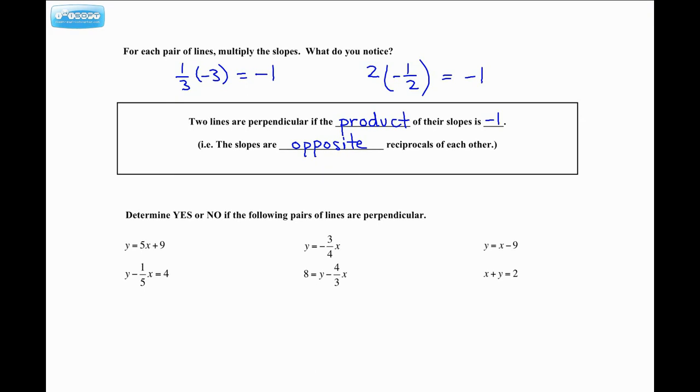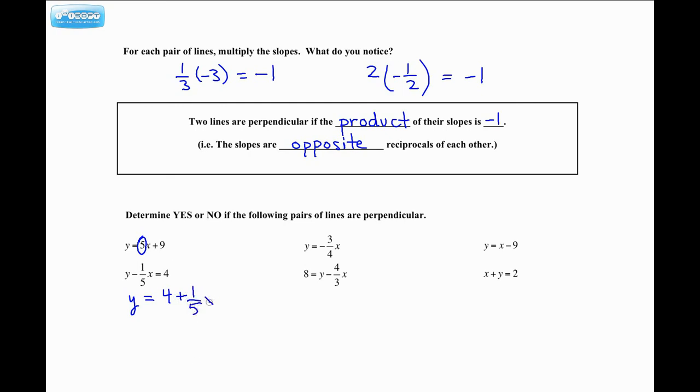All right, so just like before with the parallel lines, we want to determine if each pair of lines is perpendicular. We're going to test their slopes. Here the slope is 5, because this is written in slope-intercept form. This, however, is not written in any particular form, so let's take care of that. We're going to add 1/5 x to both sides. That gives me 4 plus 1/5 x.